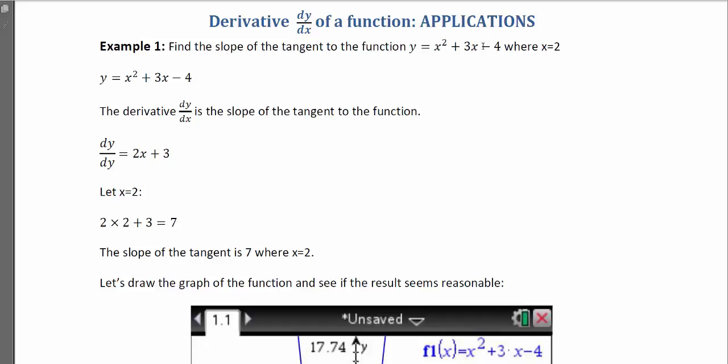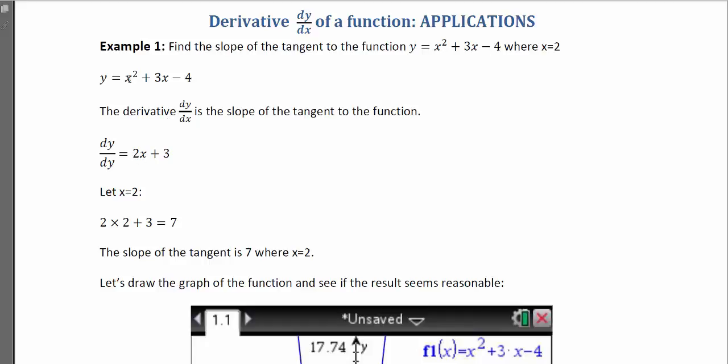So let's say we're looking at this function, x squared plus 3x minus 4, and we would like to use the x value 2. Then we find the derivative dy dx, which basically means find the derivative of the function y with respect to x, since x is our variable.